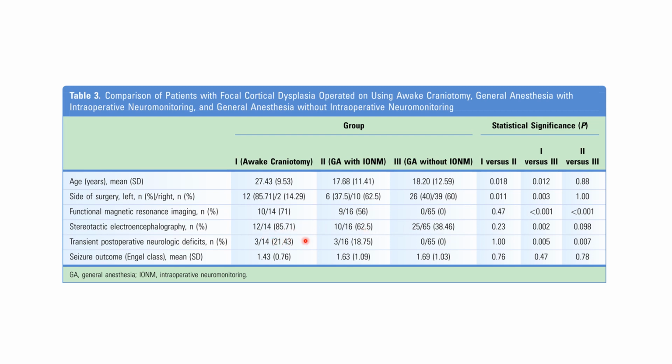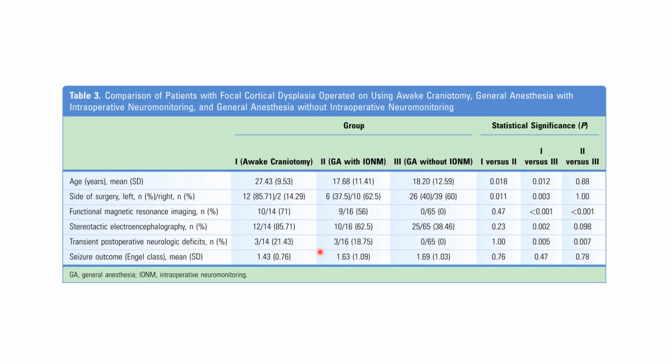And something important: in those two groups, first and second, with functional mapping, we have 3 transient postoperative deficits, but no permanent motor deficit.